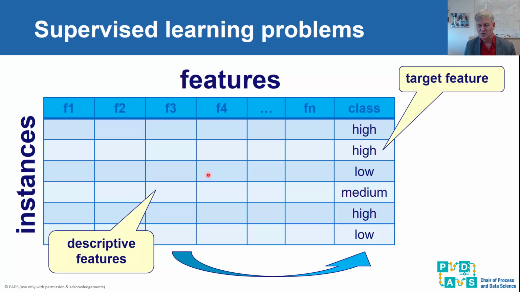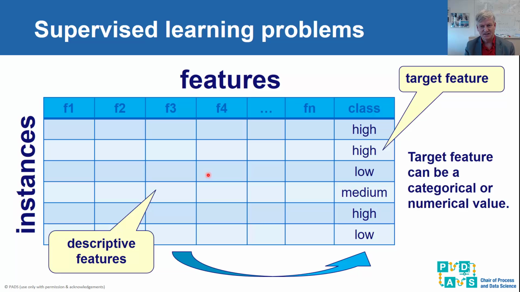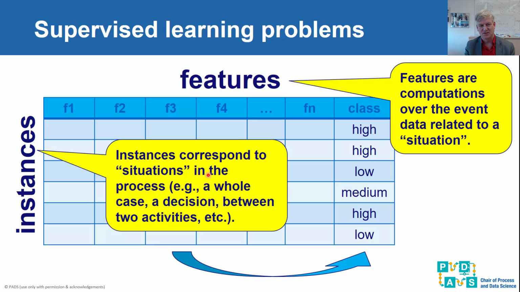So now the question that you should ask yourself, okay, we've looked at discovery, we've looked at conformance checking. How do these types of things now relate to, let's say, this framework of handling supervised learning problems? And of course, target features can be categorical or numerical, just like the descriptive features. So if we map this onto process mining, then the instances correspond to what we call situations.